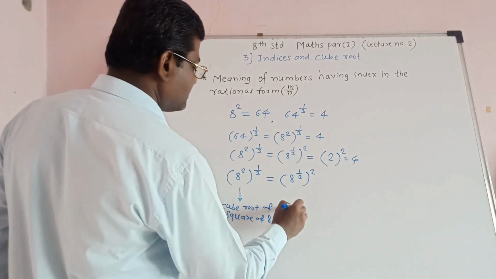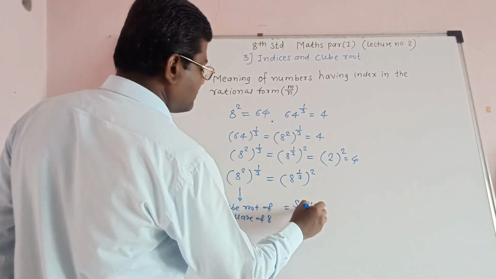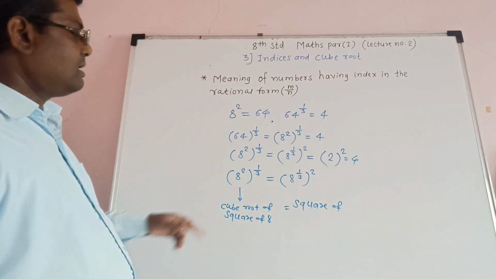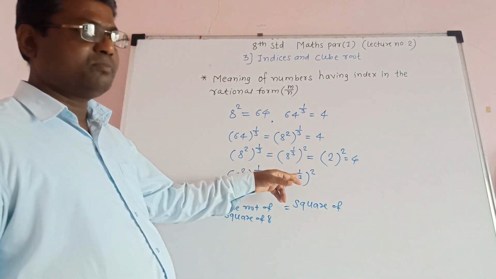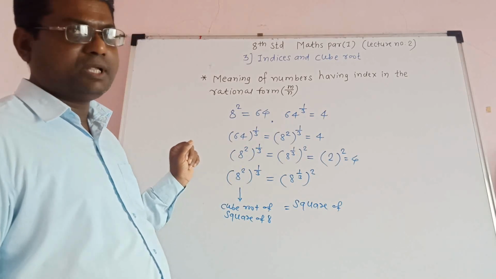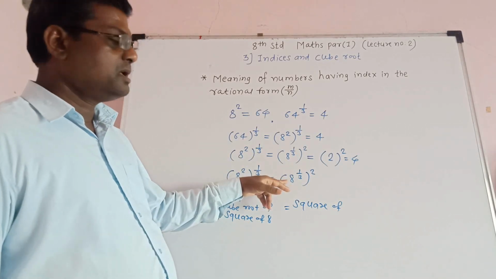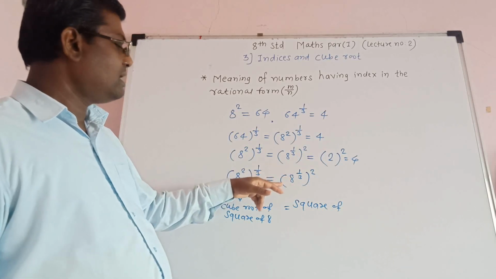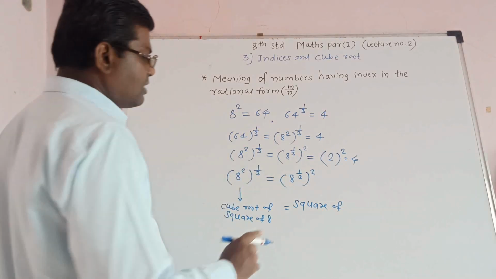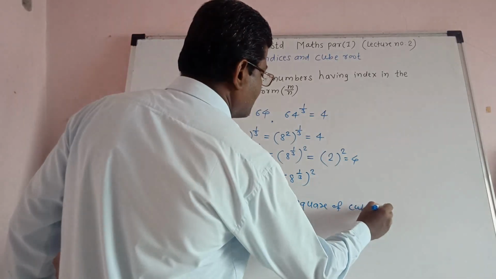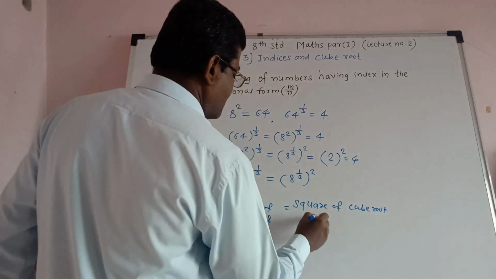Therefore we write square of, inside the bracket the index is 1 upon 3. 1 upon 3 means cube root. Whose cube root? 8. Cube root of 8. Therefore square of, we write cube root of 8.